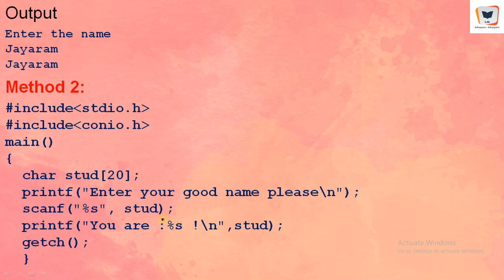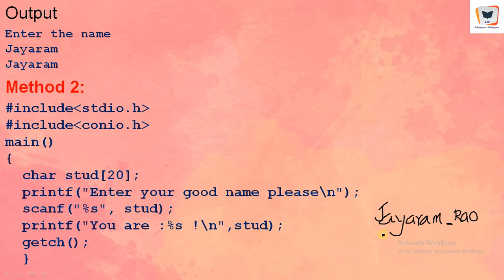The one problem with this %s is, if I try to enter, let us say, Jayaram Rao or Jayaram Hegde, something like a family name, let us say Jayaram with a space and then Rao. Then as soon as scanf encounters the white space, it's going to end right there.